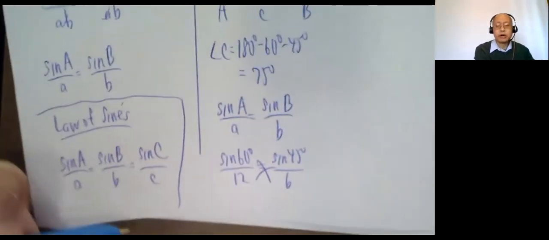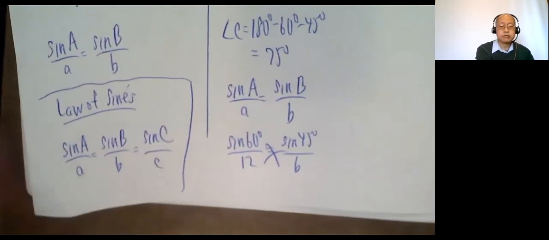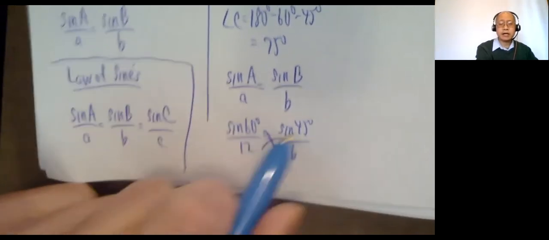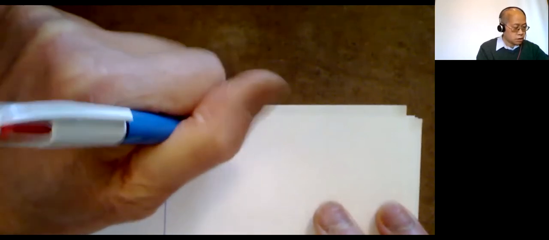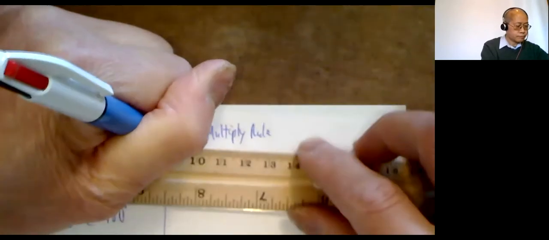Cross multiply. We're going to do the cross multiply rule quite a bit. Okay, remember the cross multiply rule? If you have a fraction equals a fraction, that times that equals that times that. So cross multiply rule. I'm sure you've seen that before.